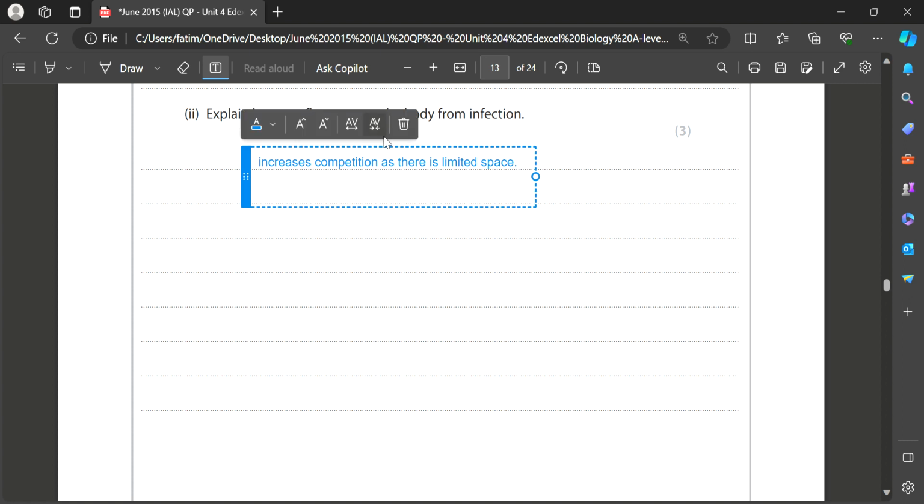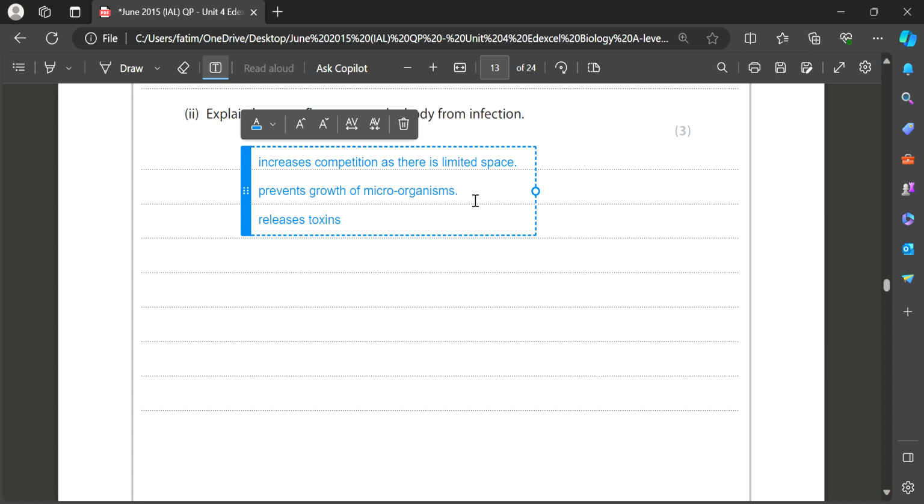We can also say that it prevents growth of microorganisms, because it increases competition. I wrote growth wrong. Okay, microorganisms. We could also say that it releases toxins to kill microorganisms.